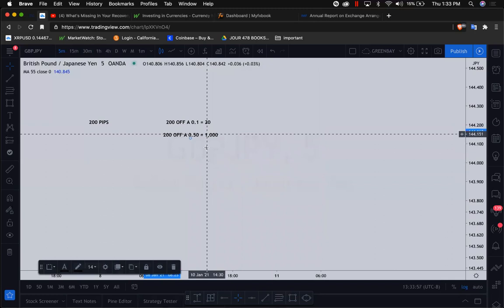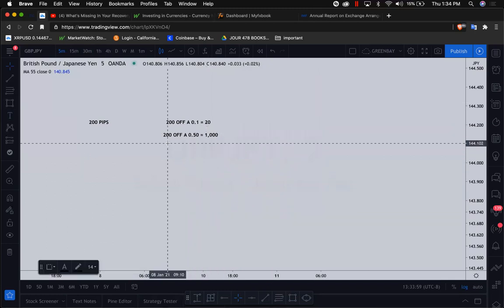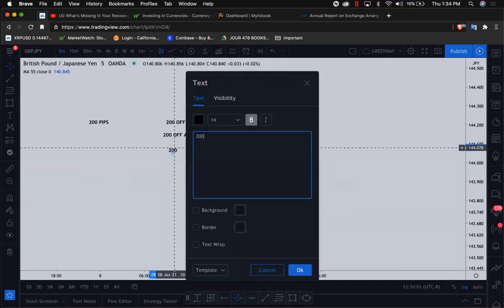That's how these lots work. It depends on your lot size, your education, what you know. 200 off of a standard lot, right? Watch this. So that's 10 pips. I mean, $10 every pip when you catch.